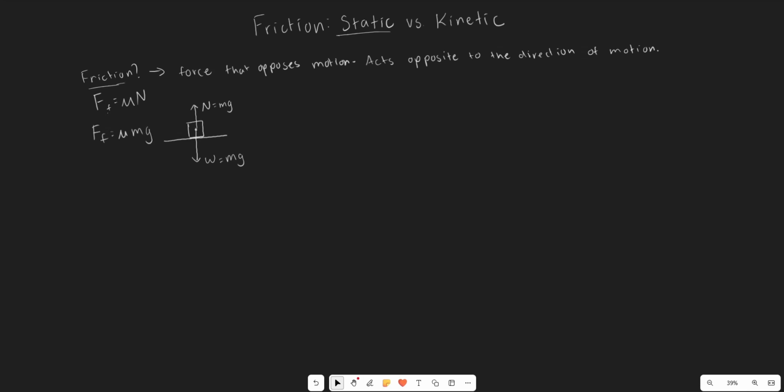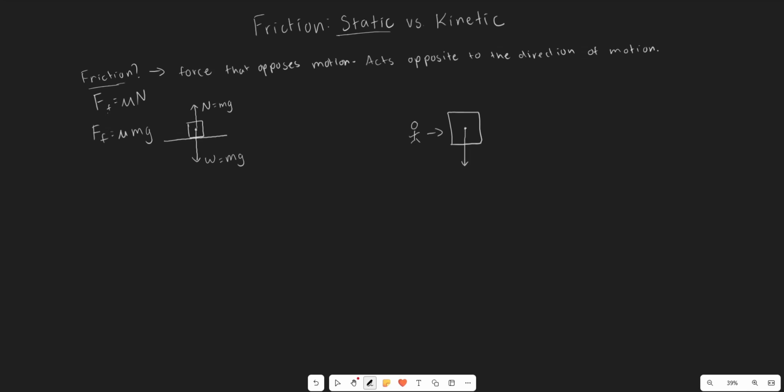Okay, now let's move on to static and kinetic friction. Static friction prevents motion. Let's say we have a guy pushing a big box and it has a lot of weight.